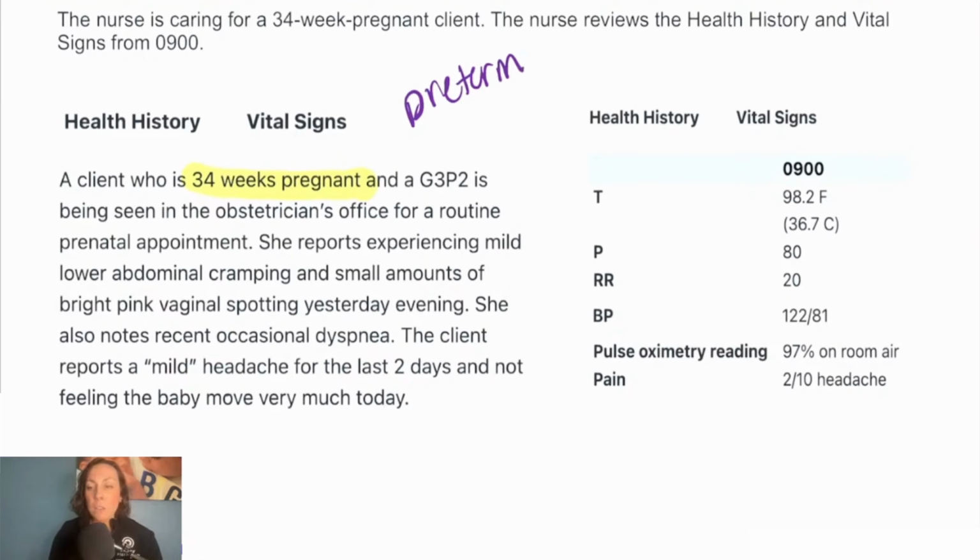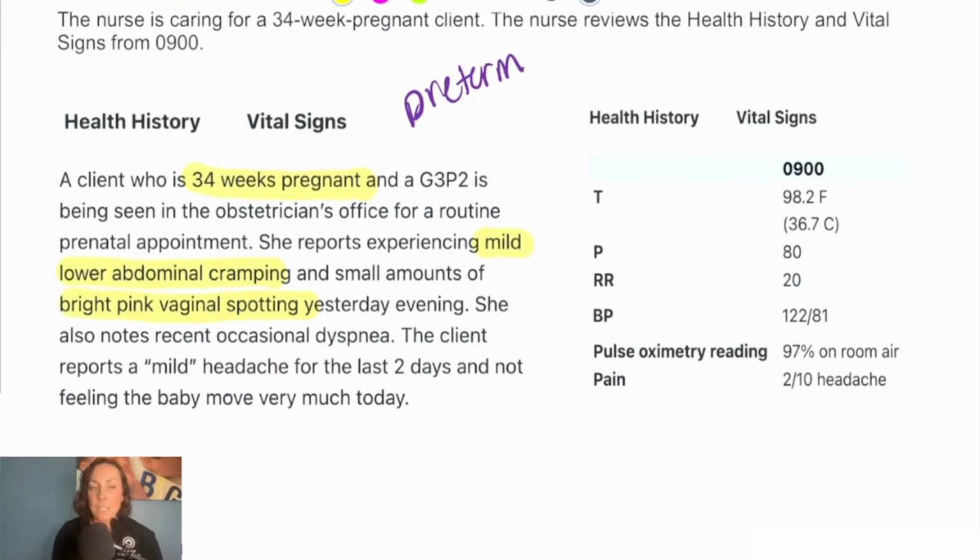We have mild lower abdominal cramping. What do we think about that? Mild lower abdominal cramping, and we have this bright pink vaginal spotting. Is that concerning to anybody? What about, we see this occasional dyspnea. We see mild headache. So lots of different findings here.